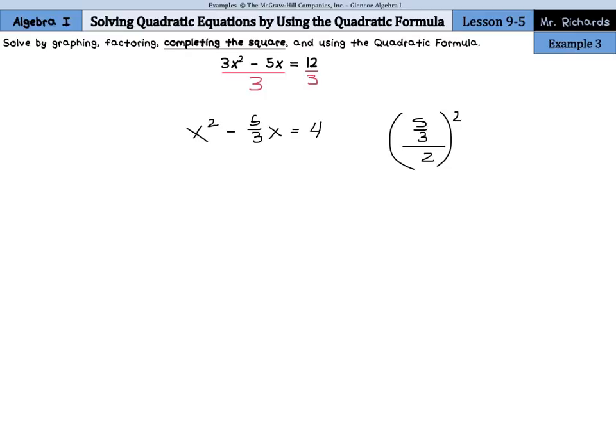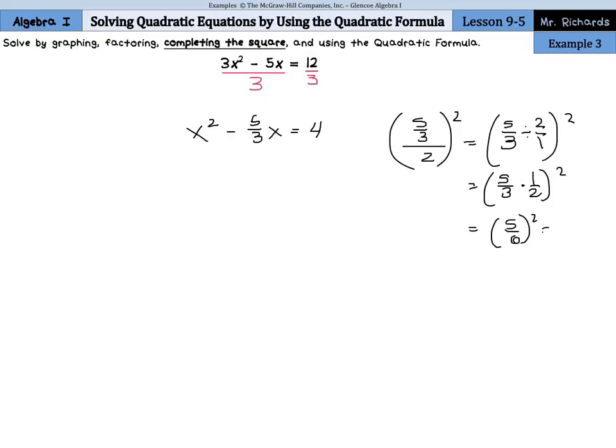Remembering some of our fundamentals of fraction division here, this would be 5/3 divided by 2/1 squared, which is 5/3 times 1/2 squared, which is really then just 5/6 squared, which simplifies into 25/36.